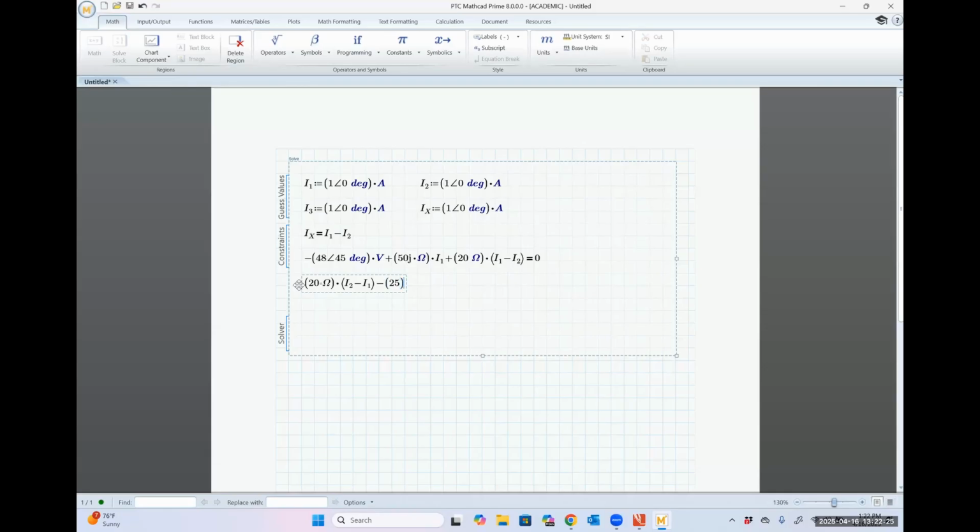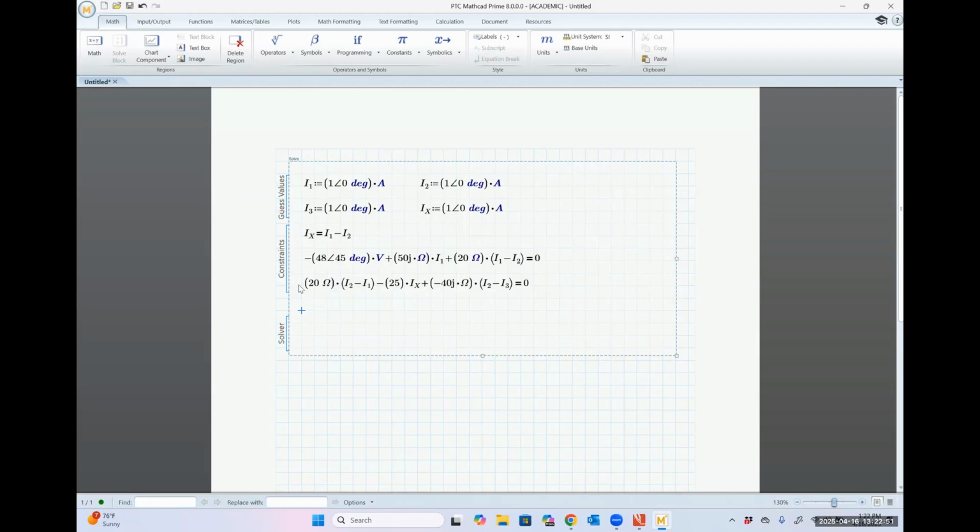I'm just going to leave it as 25 right now, but I know it's going to give me an error in a moment. Times IX. And then I think that was minus 40J ohms times I2 minus I3.